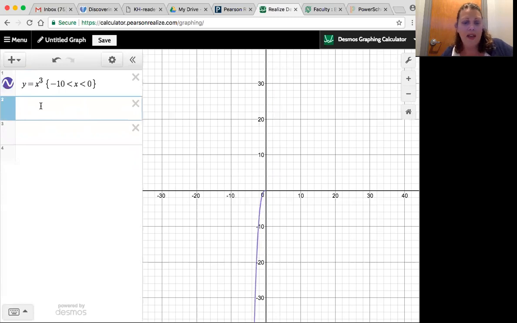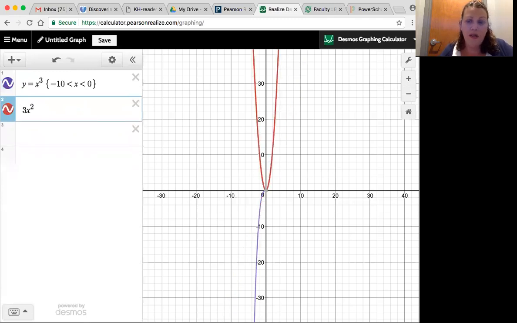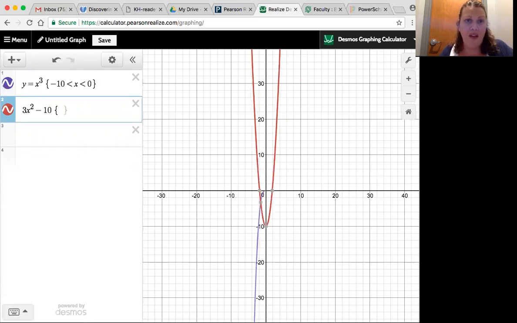But then let's say that my graph is 3x squared, for the values of 0 to, just to be convenient, we'll just again do 10.